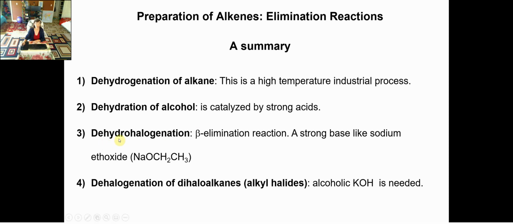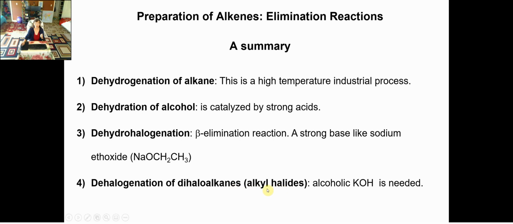Another method is called dehydrohalogenation of hydrogen halides from your alkyl halides to produce your alkene. This reaction is also a beta elimination reaction, and a strong base such as sodium alkoxide usually is required. Another method is called dehalogenation of a dihaloalkane.